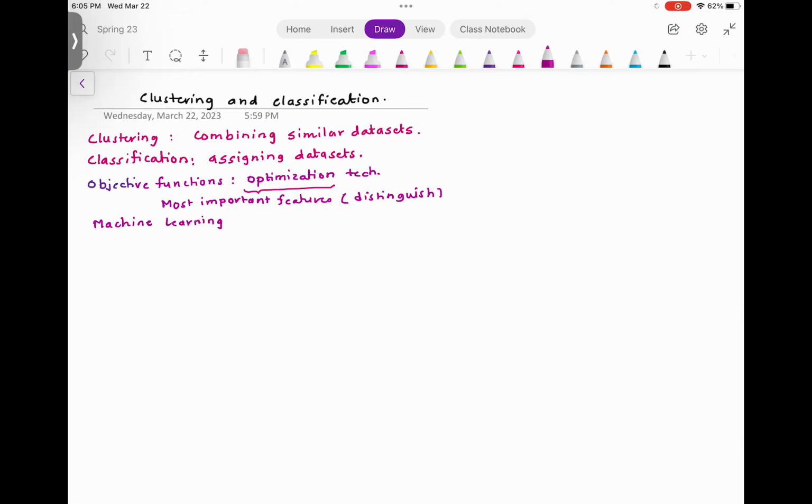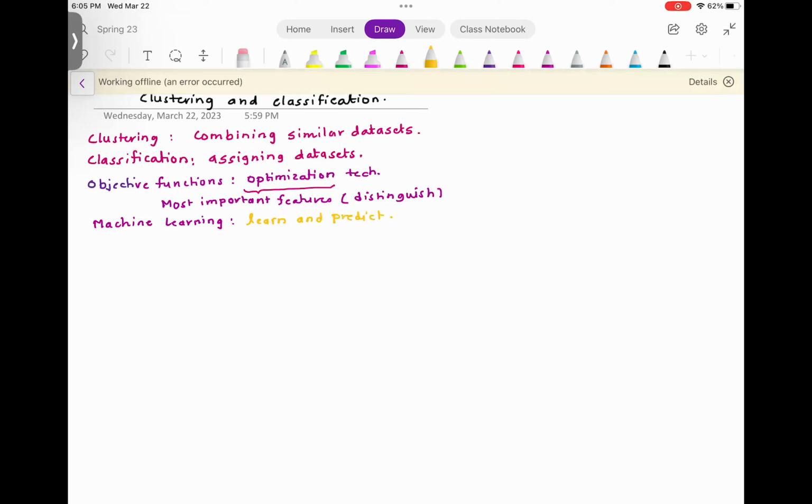And believe it or not, machine learning starts with regression. And then you have different types of features. And then you learn based on those features, and predict.